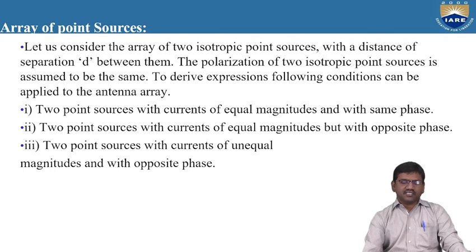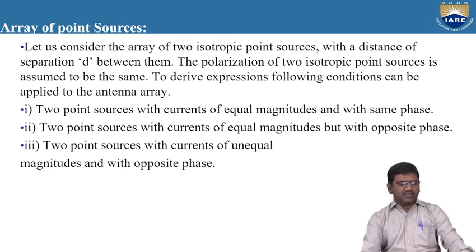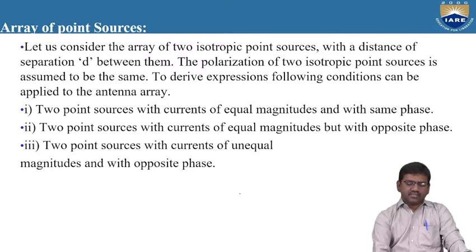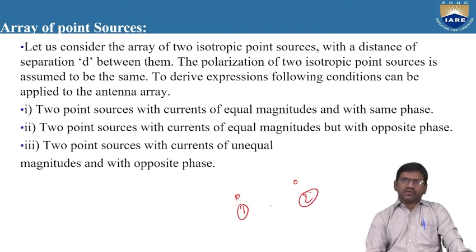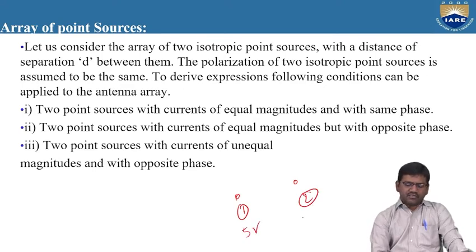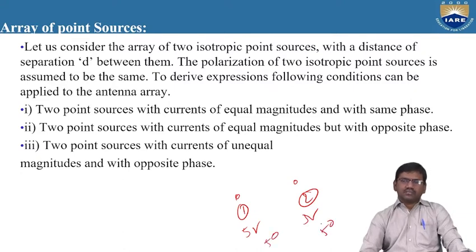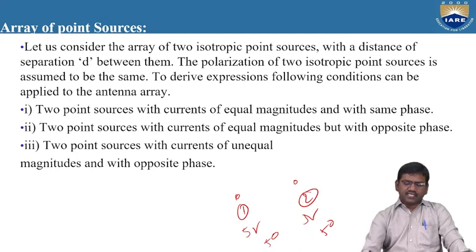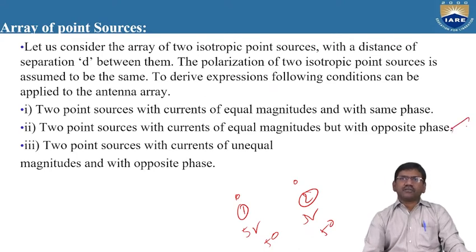First, 2 point sources with currents of equal magnitudes and with the same phase. Second, 2 point sources with currents of equal magnitudes but with opposite phase.